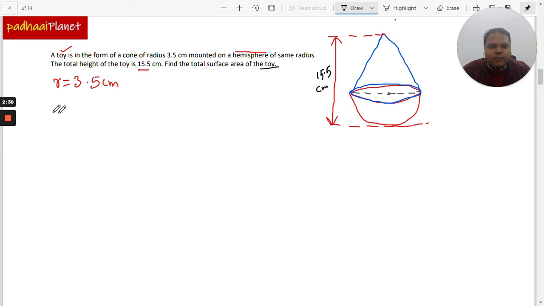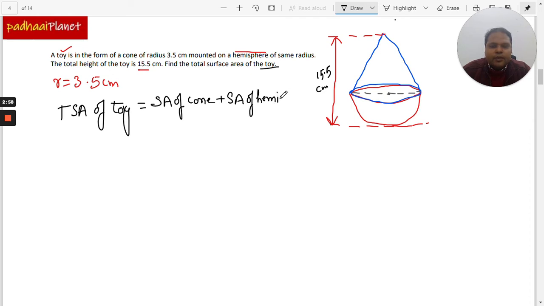So it's very simple. The TSA, the total surface area of the toy, is equal to the surface area of the cone plus the surface area of the hemisphere, right? That's very clear from the figure which we have.